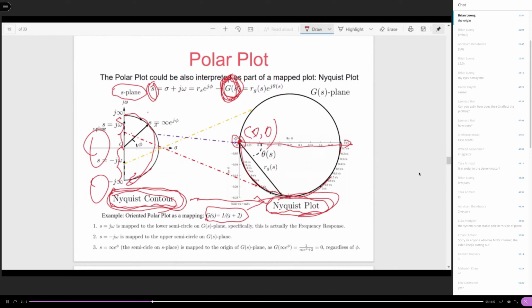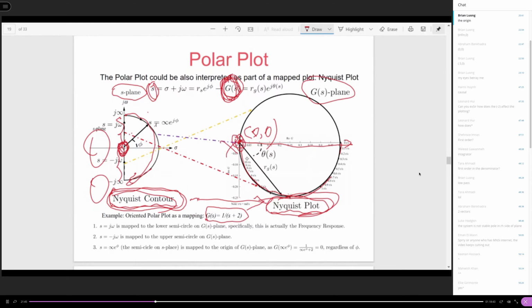By the way, you have two origins. One origin is on the S plane, and the other origin is on the G of S plane. Which point on the G of S plane corresponds to the origin on the S plane?